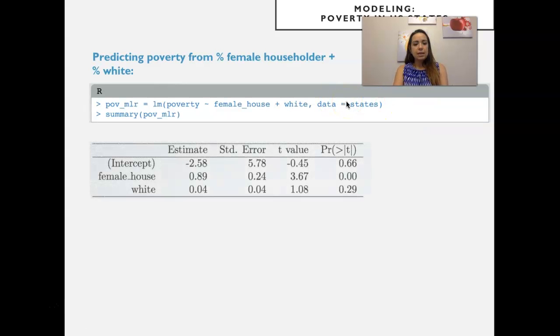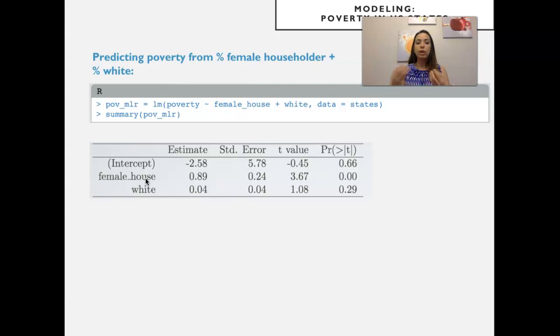Now what we see is that while percent of females heads of households continues to be significant, the contribution of having more white people in a state to poverty is no longer significant when you fix the number of females that are heads of households.